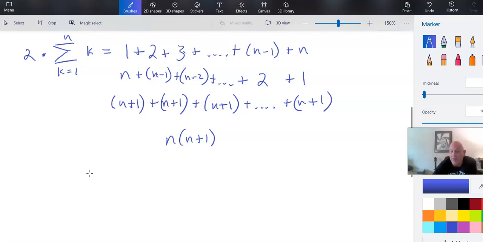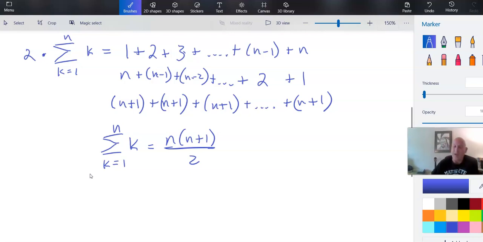Right? So that means if I want the actual sum, I have to divide it by 2 to undo it. So I end up with n times n plus 1 over 2. So that means the sum from k equals 1 to n of k is equal to n times n plus 1 over 2.